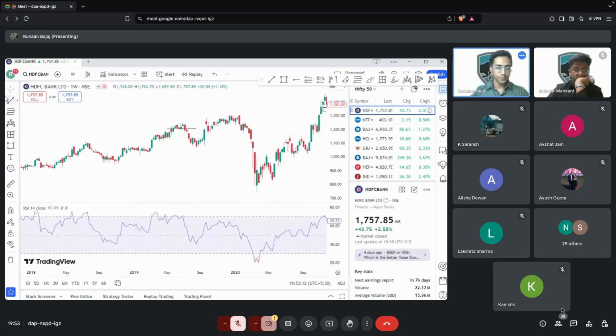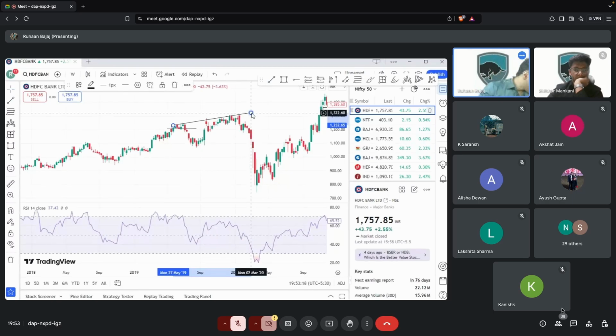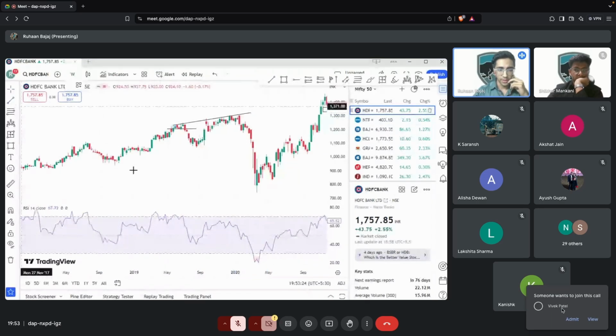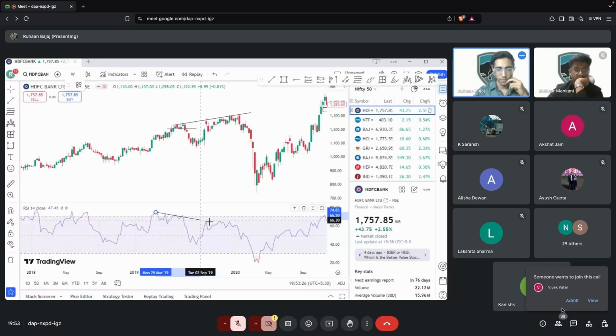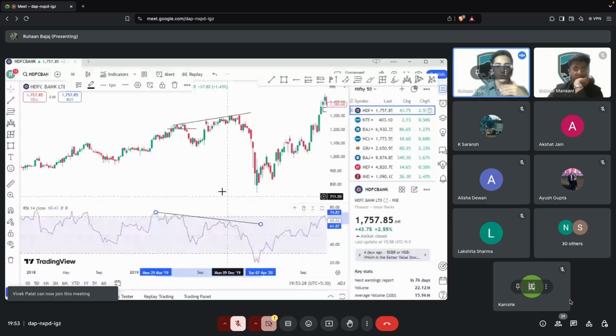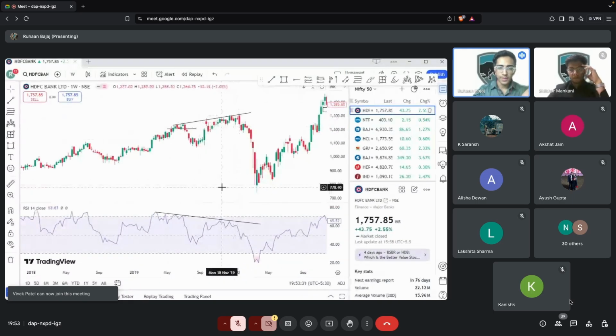Let's say this. The stock price here made a new high, while the RSI didn't. RSI made a lower high. What this was showing: the stock price was moving up, but the RSI was falling down.